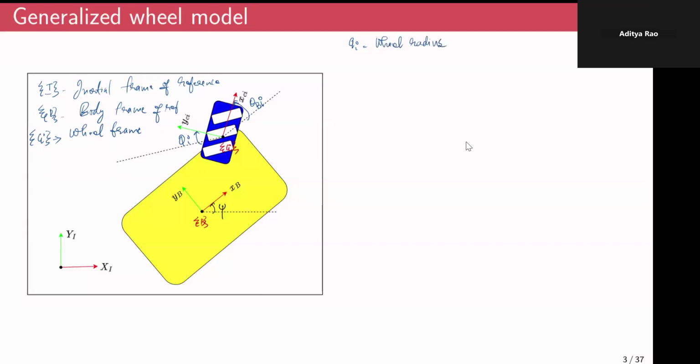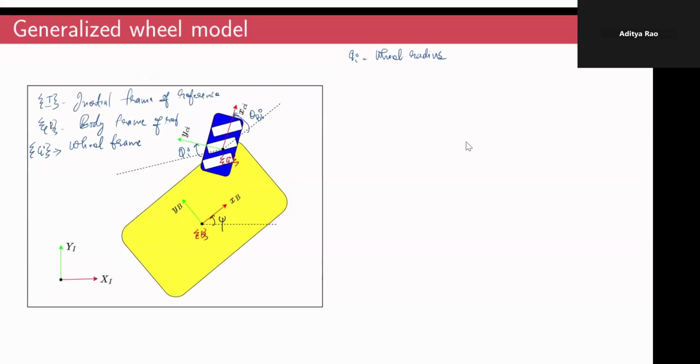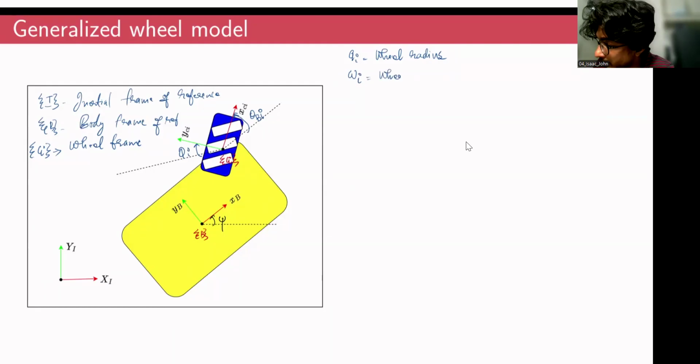If you consider this as the wheel, the view that you are currently looking at is actually the top view of the mobile robot. This is how the chassis would look from the top, and this is how the wheel would look from the top. I hope this is visible enough. AI is nothing but the wheel radius. And I would define the angular velocity of the ith wheel as omega I. This is the wheel angular velocity. And I would also mention two more parameters.